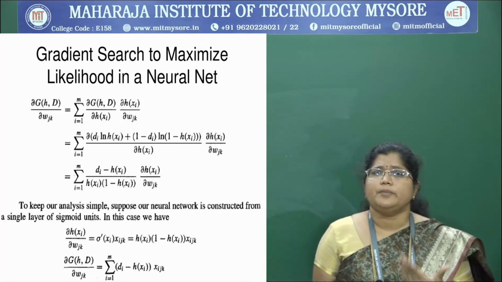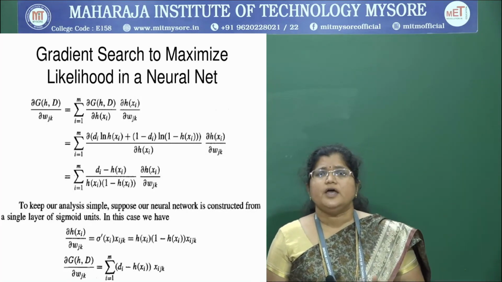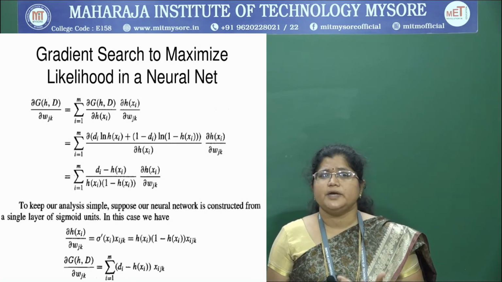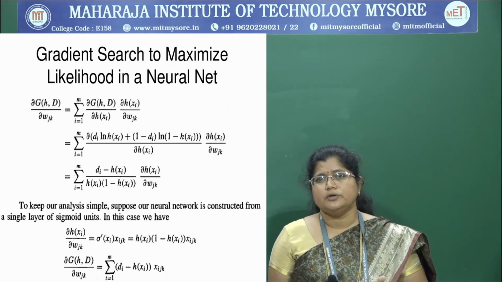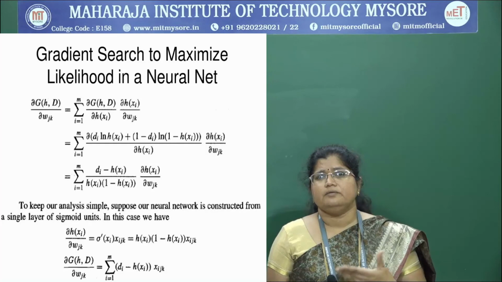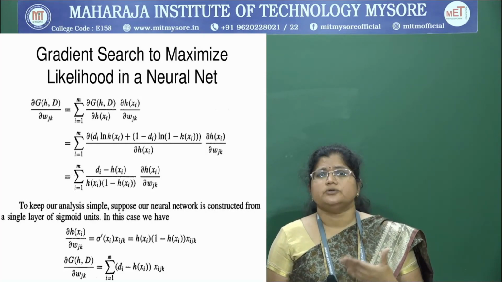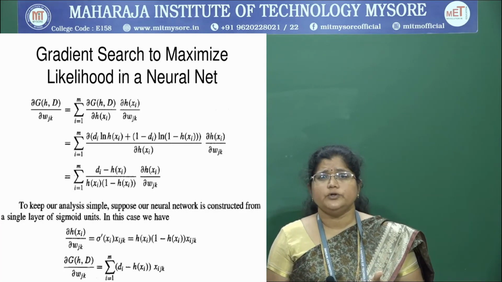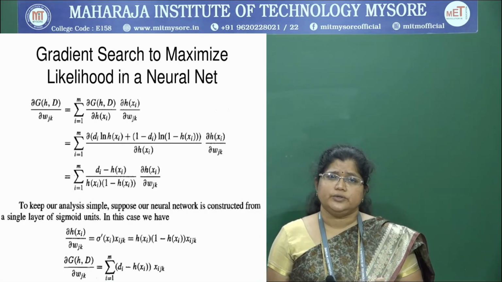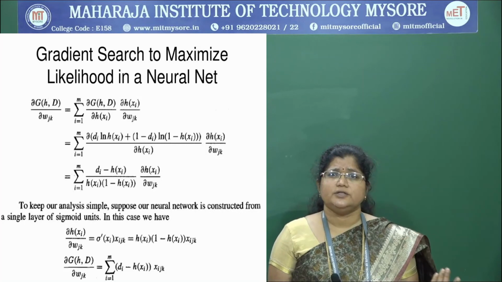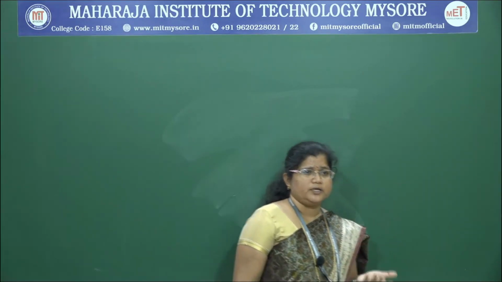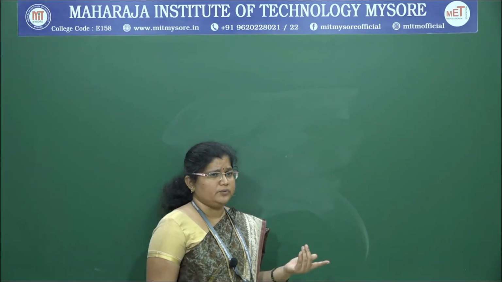So, by having the partial derivatives of G of h comma d with respect to the weight w_jk, the weight in a neural network, we keep on updating the weight. That is the weight from the input unit, the kth unit, to the jth unit. Let us consider this equation.